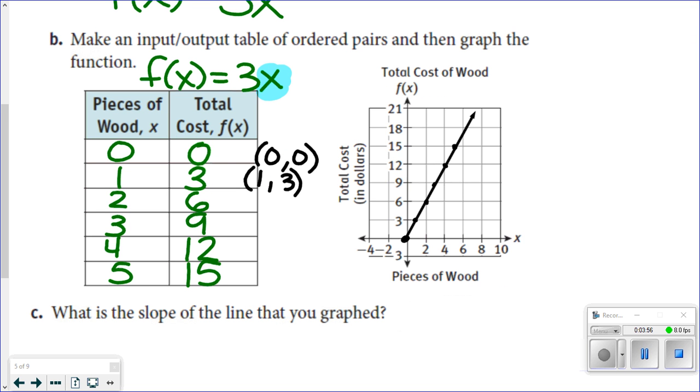Okay, that means that my function or my graph keeps going. What if she needs 100 pieces of wood in order to build this ramp? Okay, so make sure after you connect these that you draw an arrow at the end of your line. That shows that your function keeps going. All right?